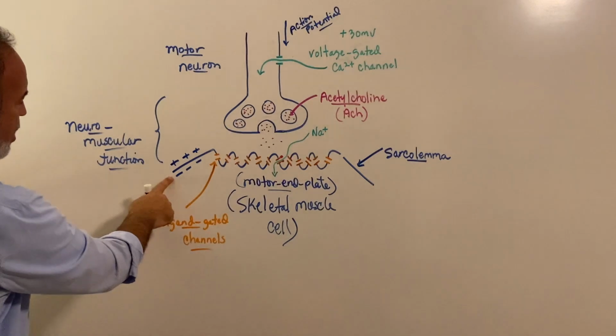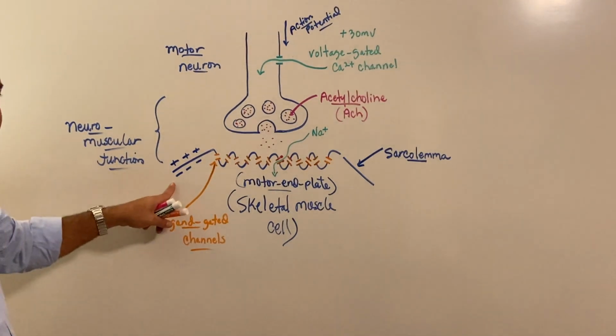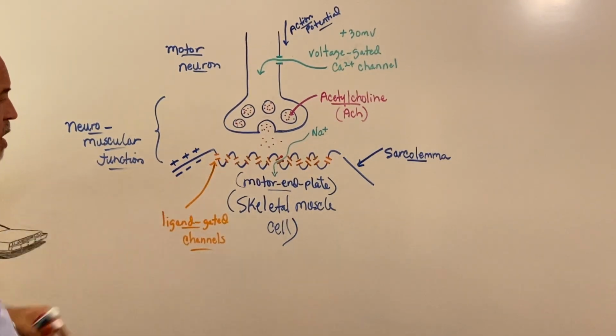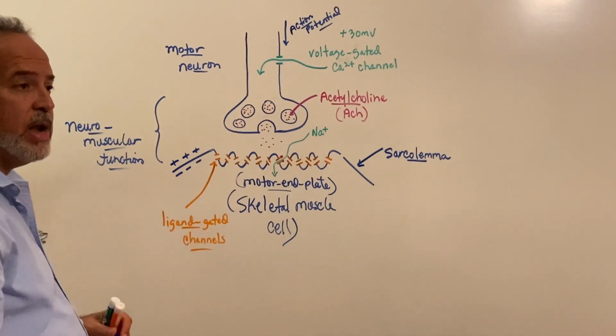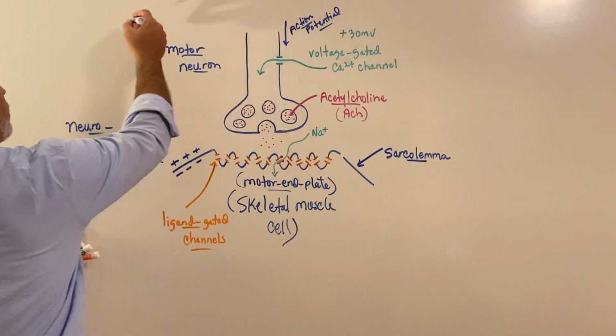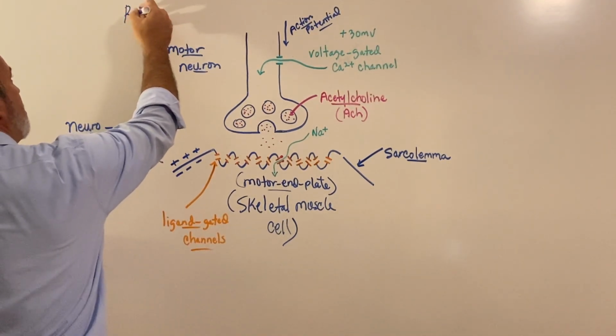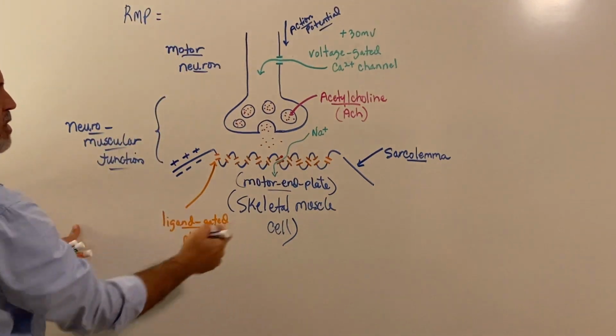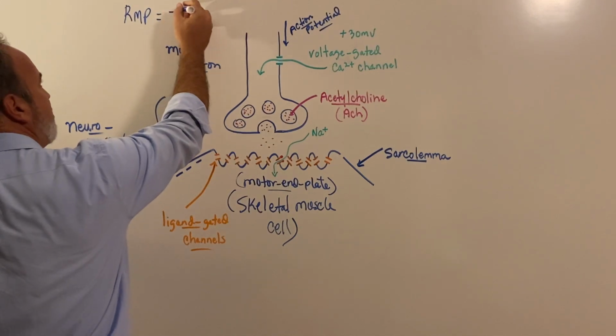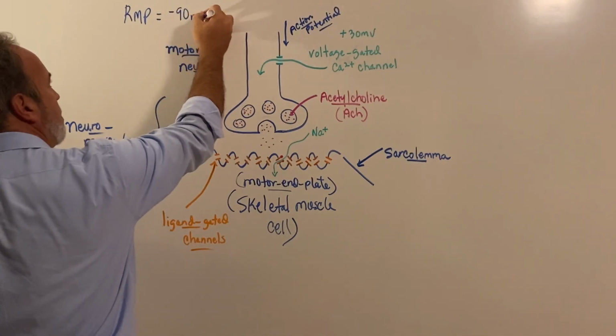So this is what we call the resting membrane potential. For a muscle cell, the resting membrane potential is negative 90 millivolts. Okay, so the resting membrane potential for a skeletal muscle cell is going to be negative 90 millivolts.